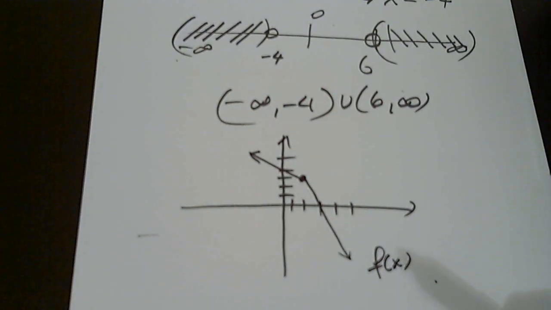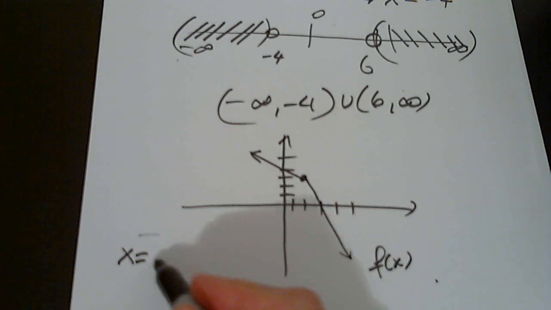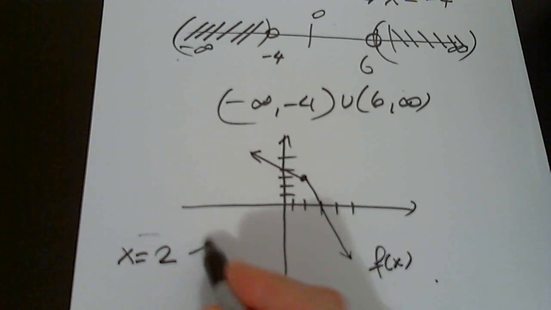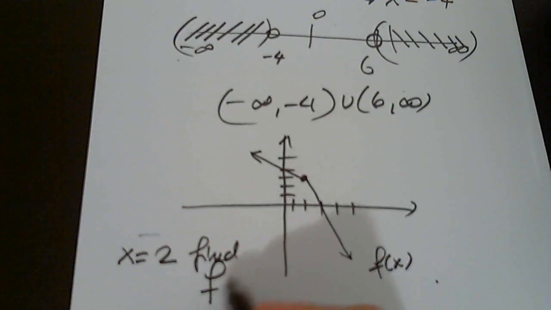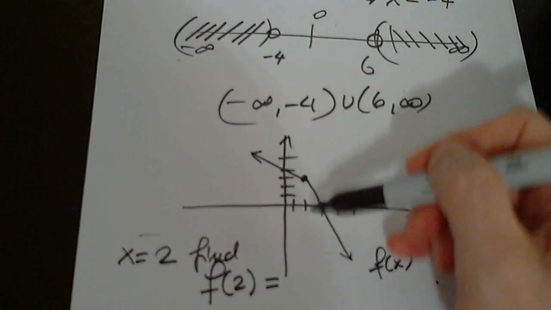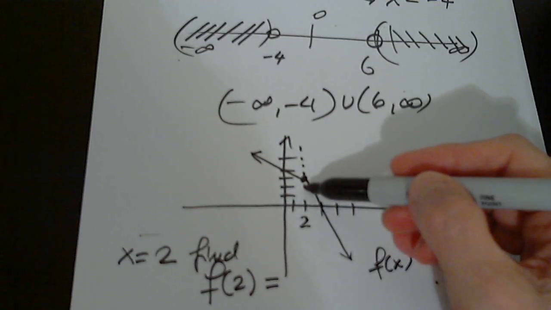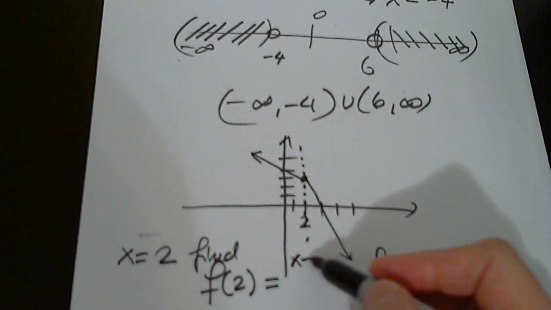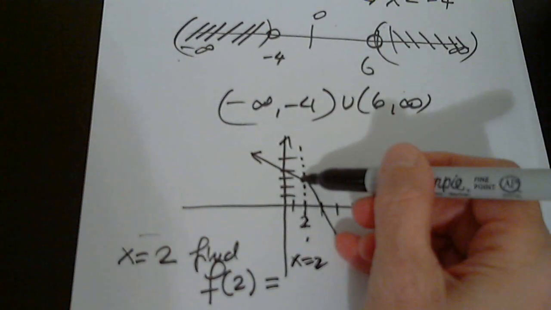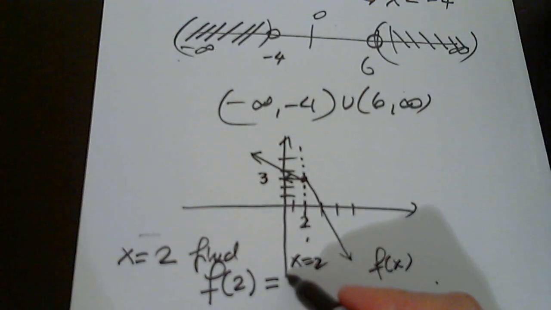I'm asking the first question. If x is 2, find f of 2. What will you say? You will draw, or imagine you draw, x equals 2, a vertical line, and you will be reading the y value. In this case it is 3.